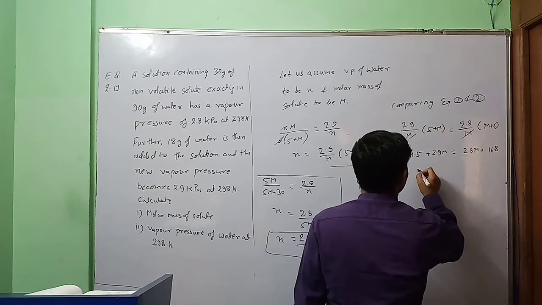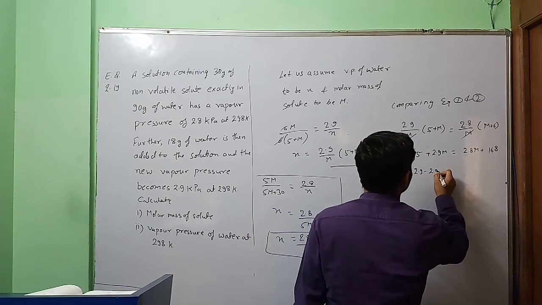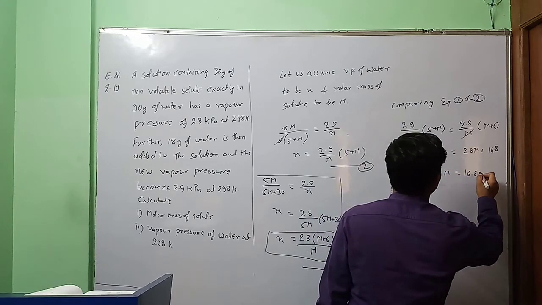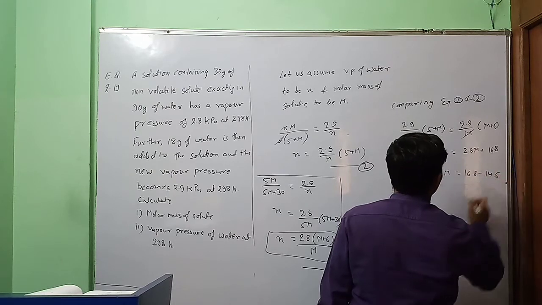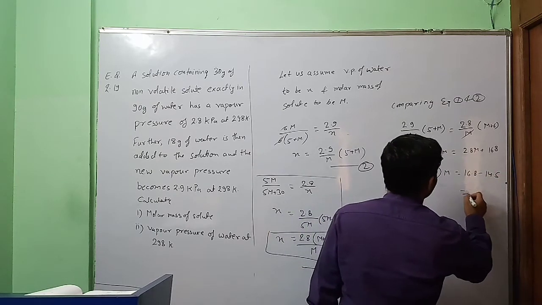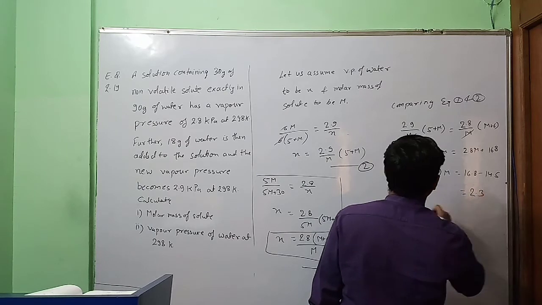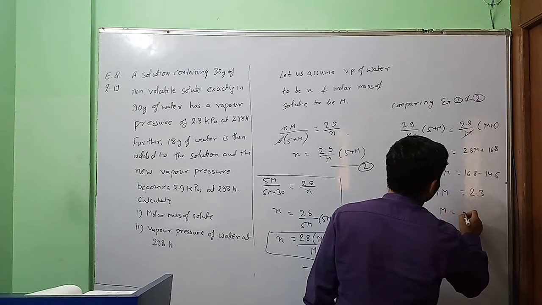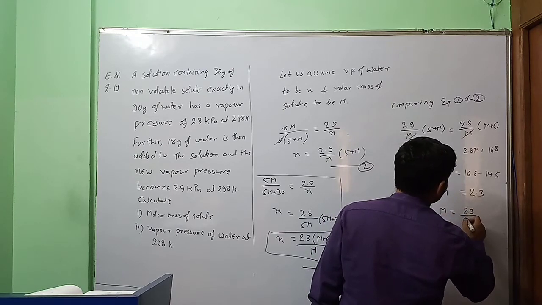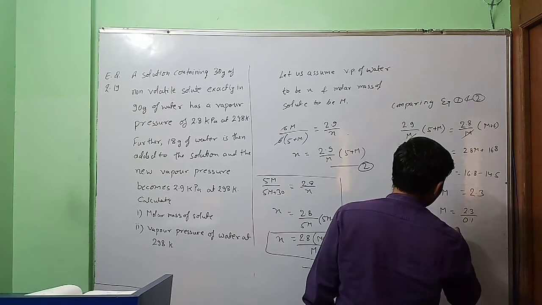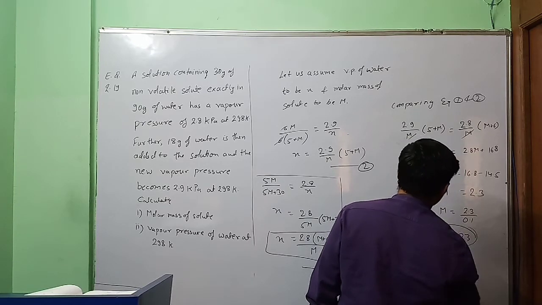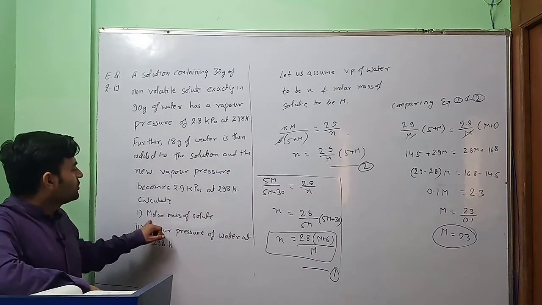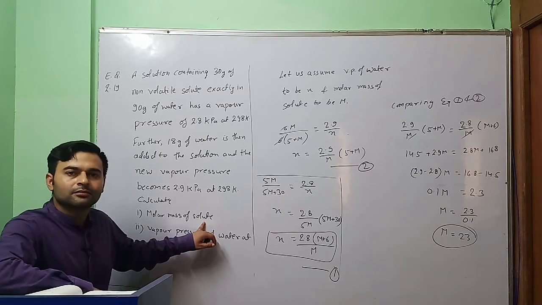So we are transferring M. 2.9 minus 2.8M equals 16.8 minus 14.5. So this thing we will get 2.3 and this part we will get 0.1M. So M equals 2.3 upon 0.1, M equals 23. So this is the molar mass of solute. That's the answer to the first part of the question.